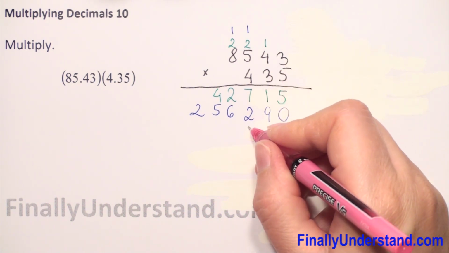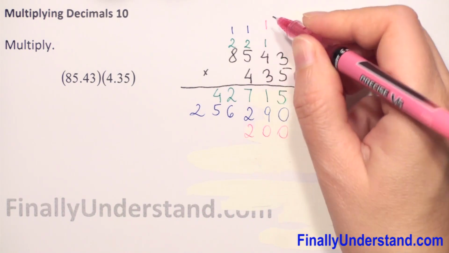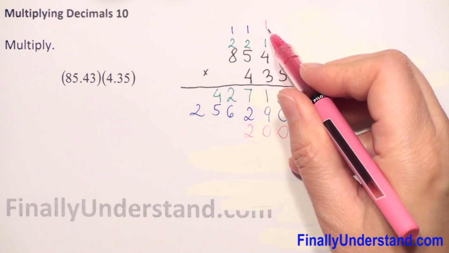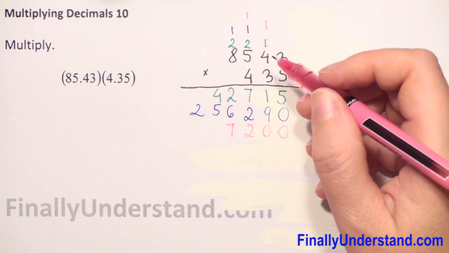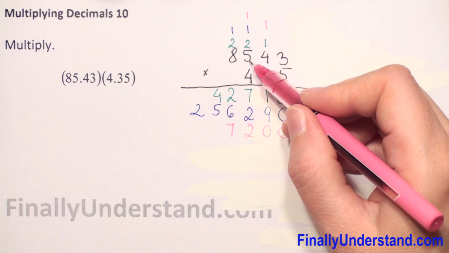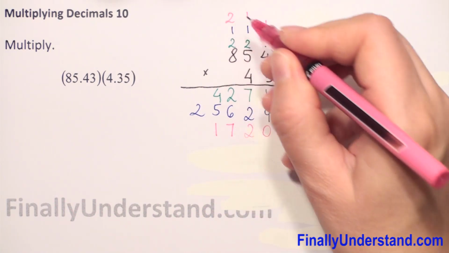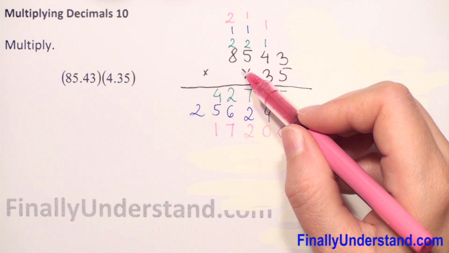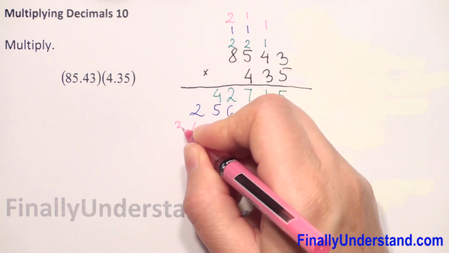So we write 200 and 1 will go to the next column. 4 times 4 is 16 plus 1 is 17, so we write 7 and 1 we add to the next column. 4 times 5 is 20 plus 1 is 21, so we have 1 and 1 we add to the next column. 4 times 8 is 32 plus 2 is 34, so we have 4 and 3.